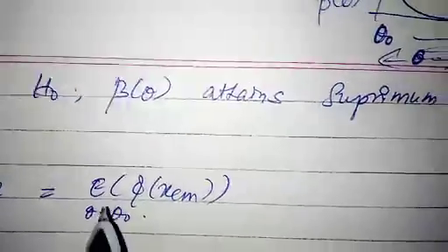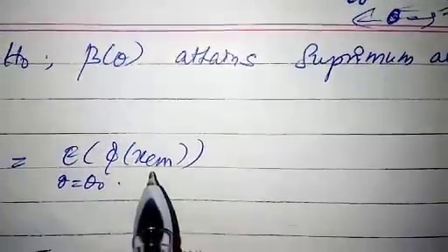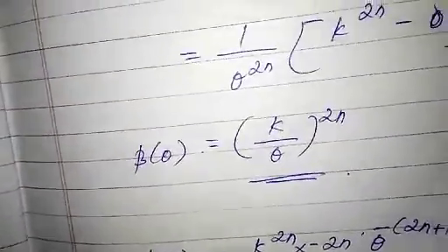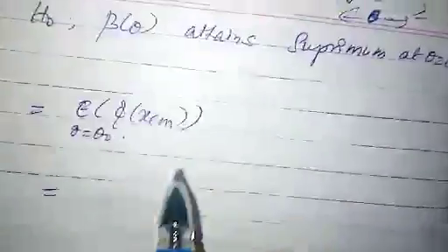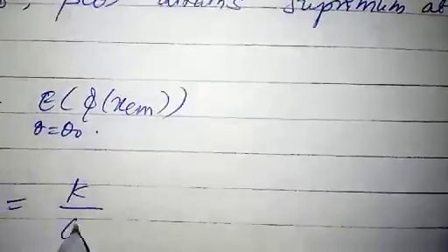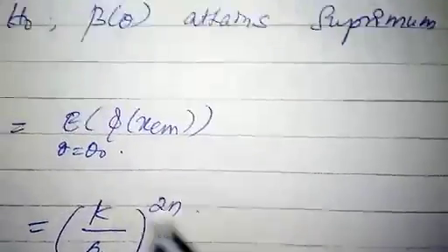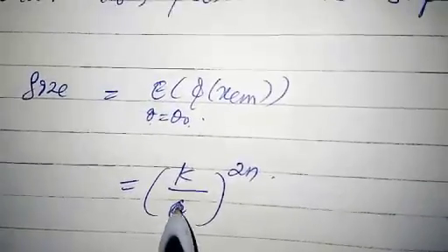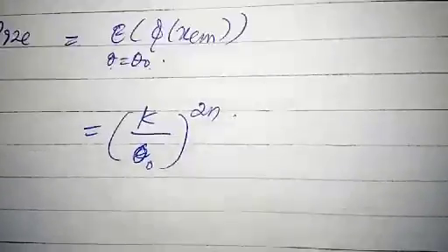Which is equal to the expectation of phi of xn. That means beta of theta equals k divided by theta power 2n, right? Here theta equals theta naught, so we can write theta naught here.